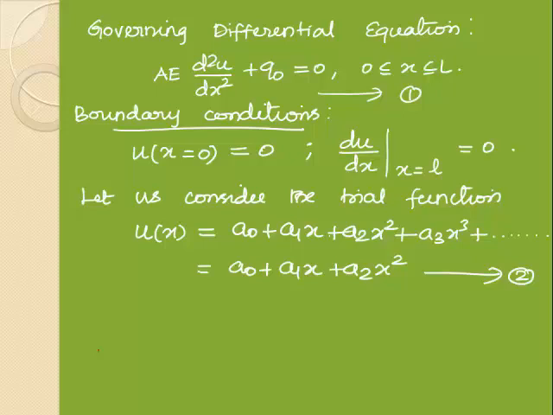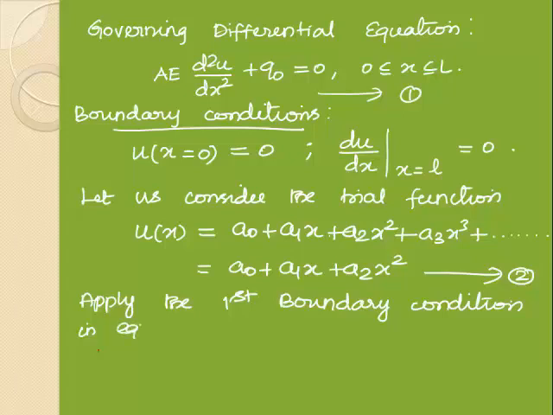So we have to frame this trial function to be suitable for the given problem, that is, this function should satisfy the given boundary conditions. So first apply the first boundary condition in equation 2 to completely modify this standard displacement function as the displacement function for our problem.